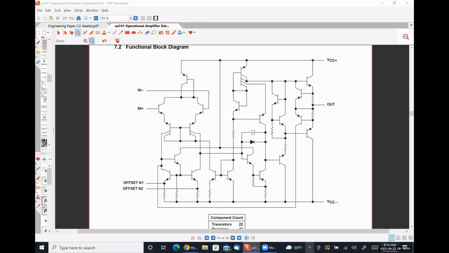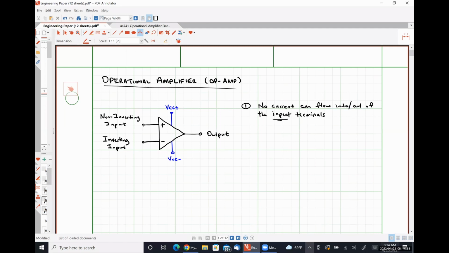So op-amp rule number 1, what it really is saying isn't that no current flows in, it's just that the current is so small as to be negligible for any practical circuit, okay?